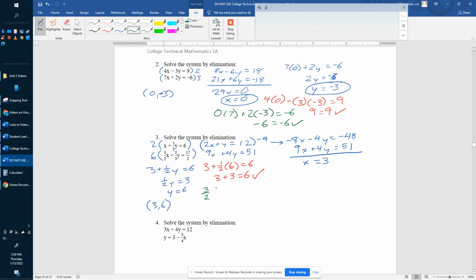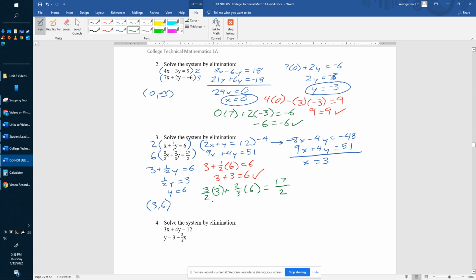3/2 of 3 plus 2/3 times 6 equals 17 halves. So this is 9 halves plus 6 divided by 3 is 2, times 2 is 4, equals 17 halves. So everything is over 2 except for this 4.